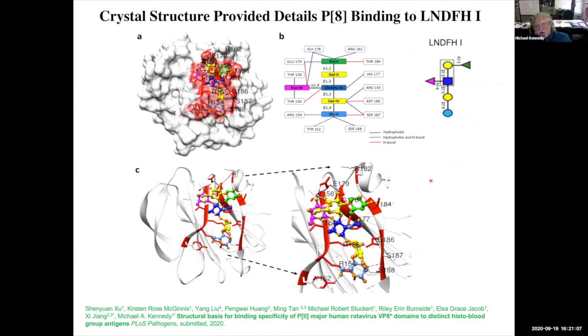So we were, again, fortunate enough to solve the crystal structure of the P8 VP8* receptor binding domain with this longer glycan that contains both the secretor fucose and the Lewis fucose. So now we have the atomic resolution details of where this molecule binds, and we map out all of the specific interactions.